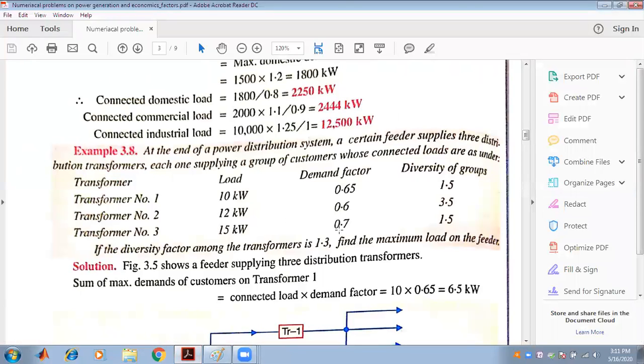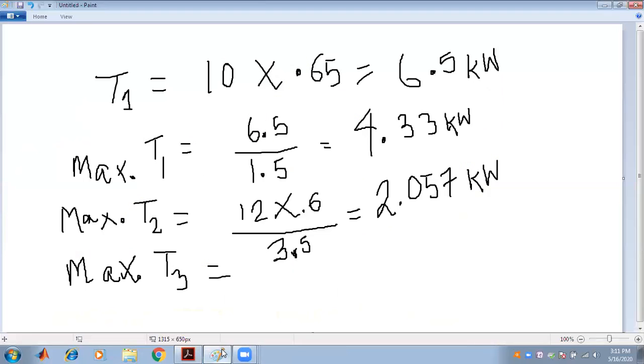It is 15 into 0.7 by 1.5. The value is 7 kilowatt.